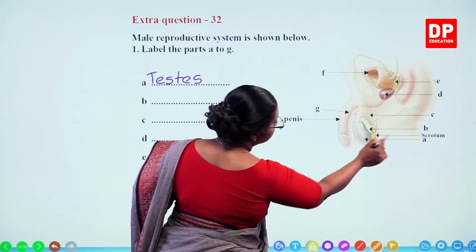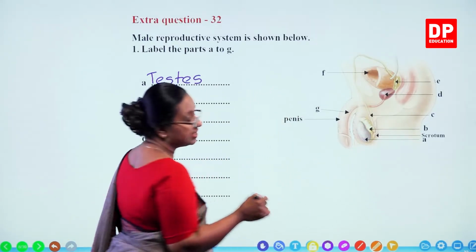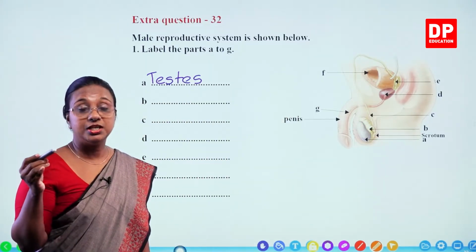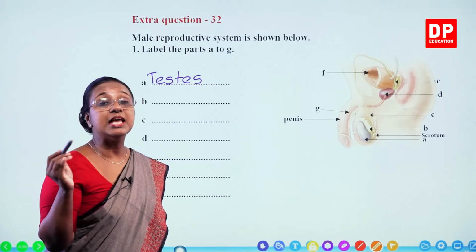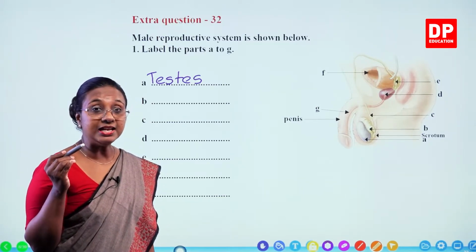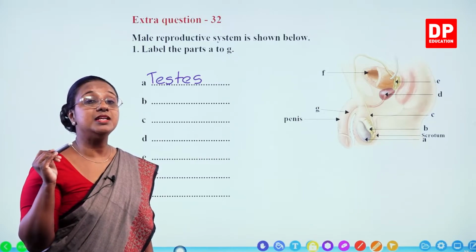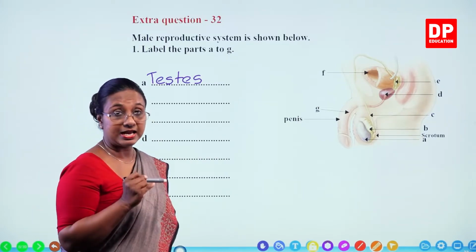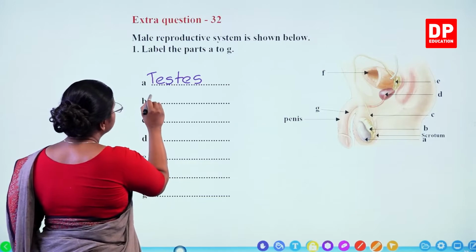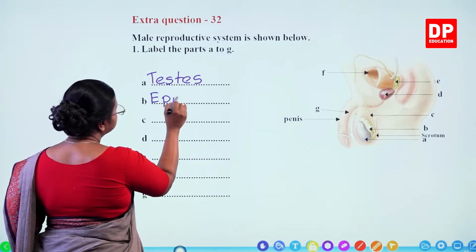Then what is structure B? Above the testis, we have again the convoluted tubule known as the epididymis. What happens in that? The sperms are temporarily stored within the epididymis. So, structure B is epididymis.